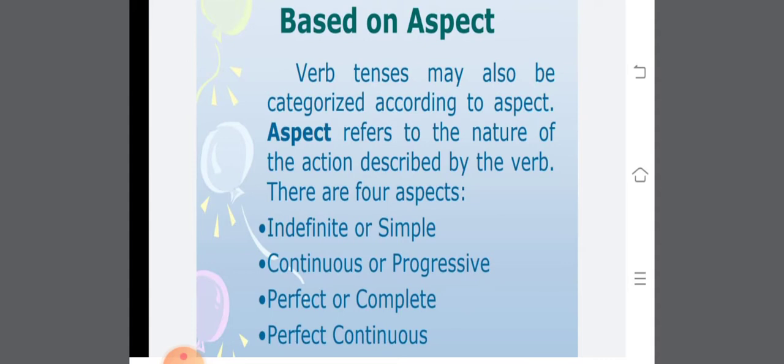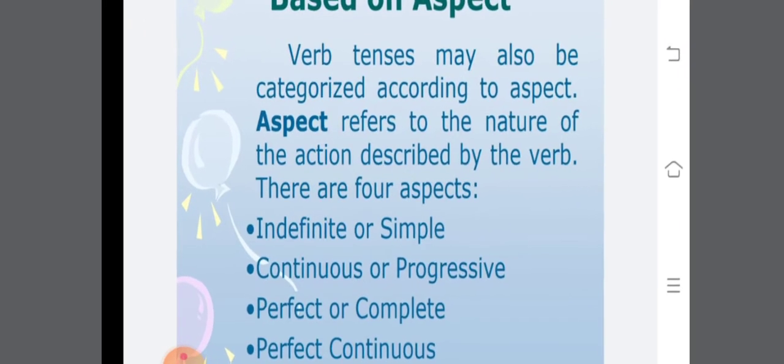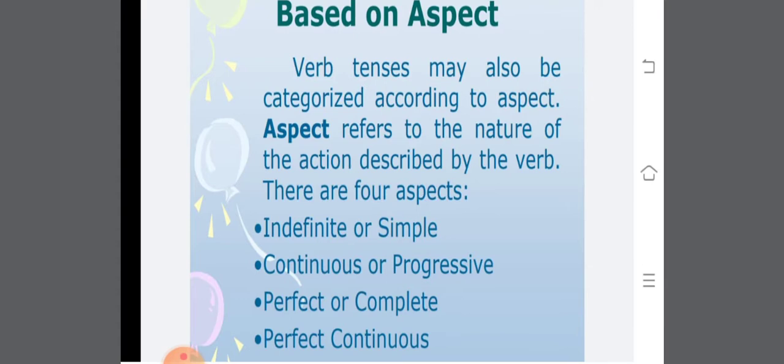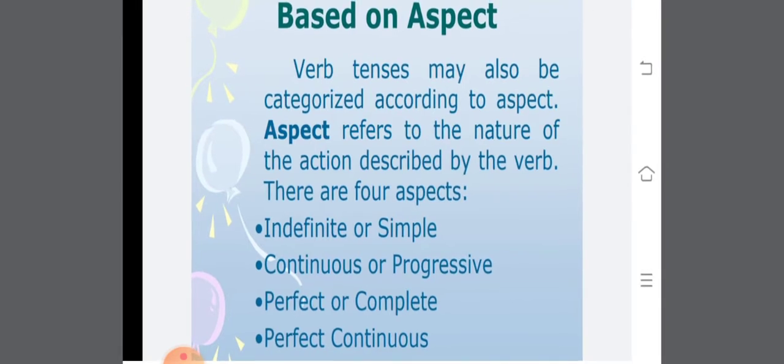Now this is very important to understand actually. For each category of tense, like present, past, and future, present tense also can be divided into four different divisions or categories based on the aspect. Now what is aspect? Aspect refers to the nature of action described by the verb.